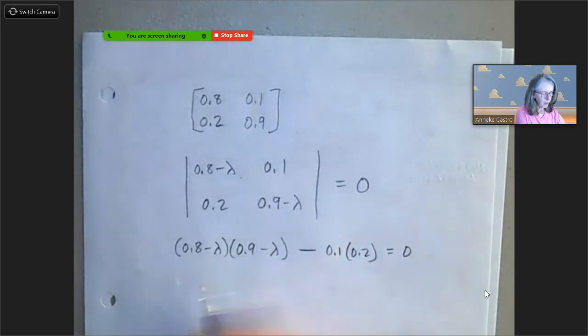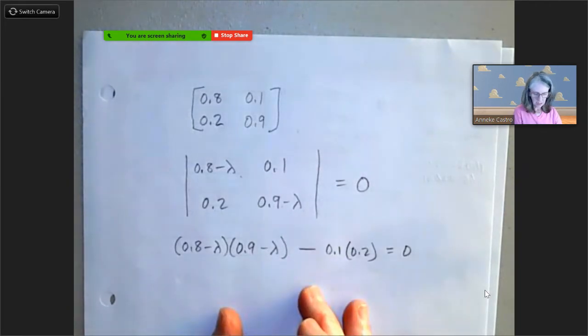When you multiply this out, you're going to get a quadratic, and you could try factoring it and solving for lambda that way, or better yet, use your handy dandy graphing calculator, type it in, and get your x-intercepts. In fact, you could type it in right now. You don't even have to simplify it.